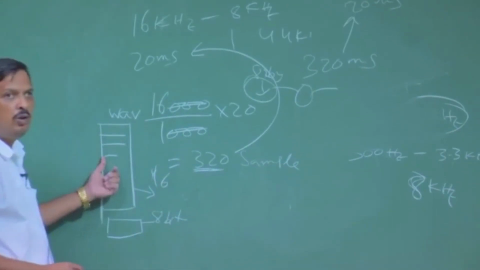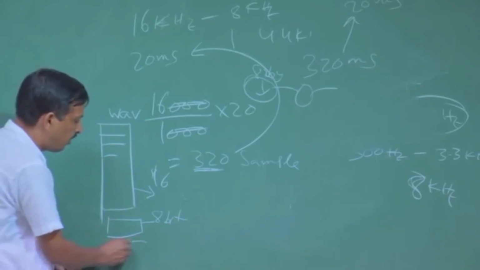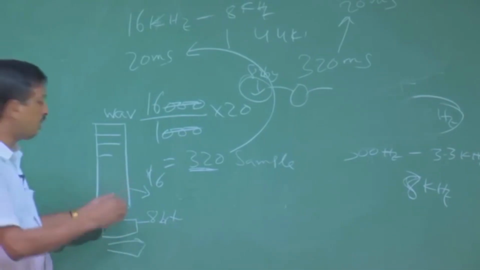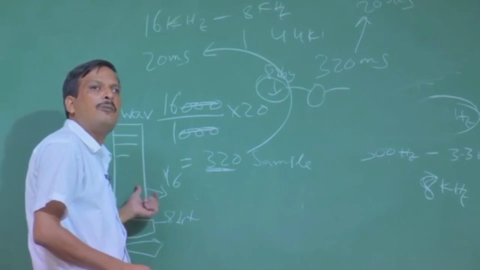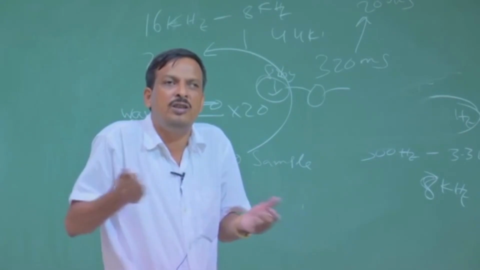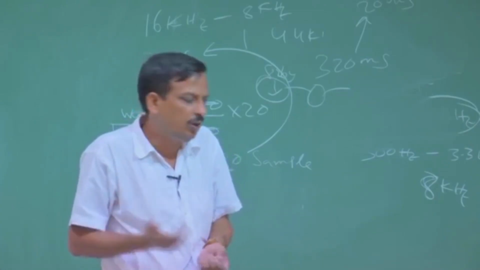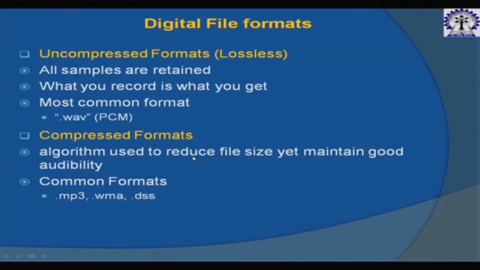If it is stereo, there is a 2 channel recording; if it is mono, there is a single channel recording. The sampling frequency is also important, because unless I know the sampling frequency, I cannot process it. Digital processing of a sound file requires the sampling frequency. The sampling rate, byte rate, block size, chunk and other format details are given in the slides.